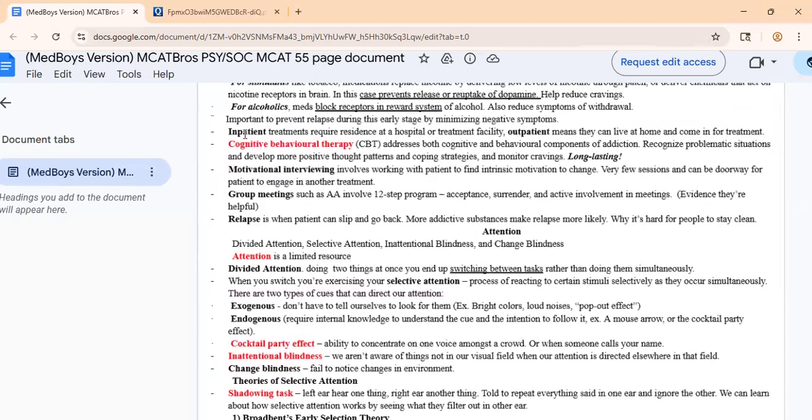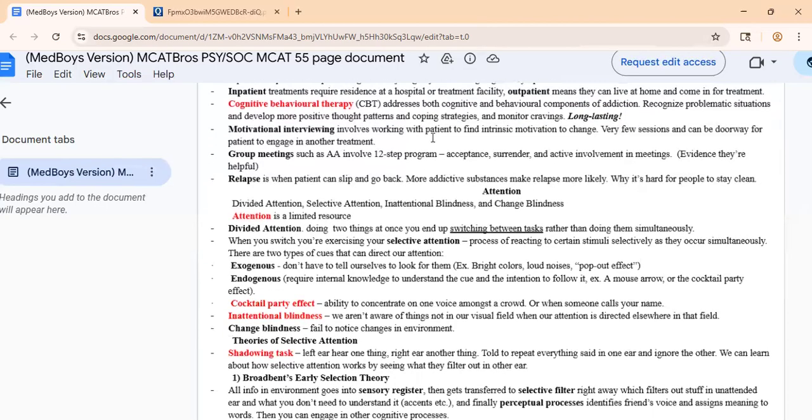There are different ways that a patient could get help, so this is extremely important. Cognitive behavior therapy, not just for drug treatment but also for depression or any other mental health disorder, looks at the cognitive and behavior component of the addiction and figures out ways that we could change our behavior to better help these patients. Motivational interviewing is becoming extremely popular now, not just for drugs or patients going to detox, but also in primary care.